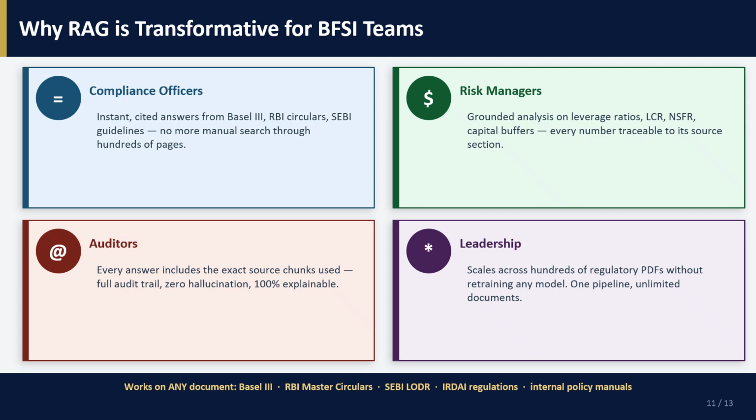You don't retrain any model, you just add more documents to the index. So RBI master circulars, IRDAI regulation, SEBI, internal policy manuals, the same pipeline handles all of it. So this is why RAG has become the go-to architecture for enterprise AI in regulated industries.